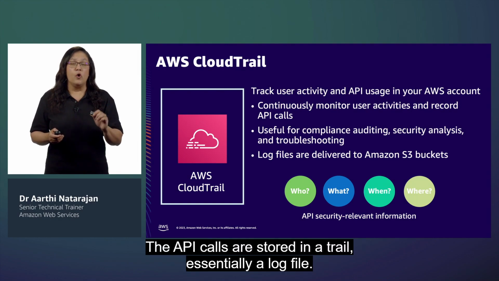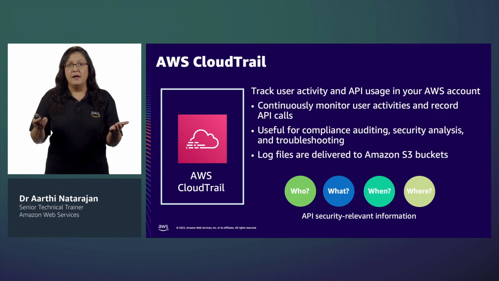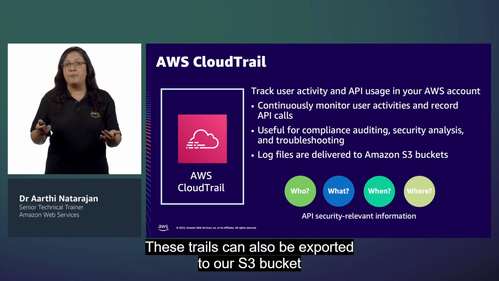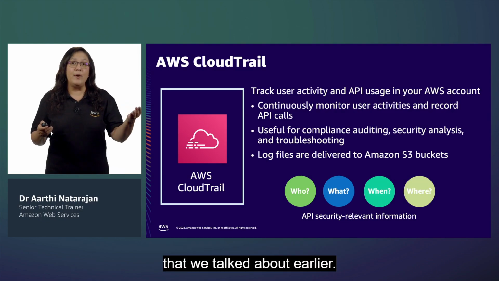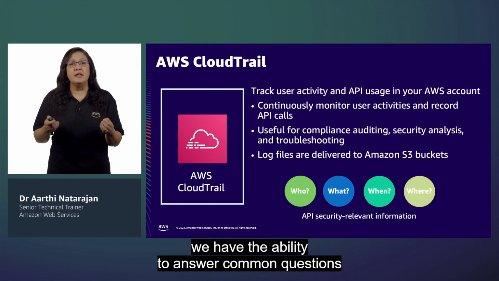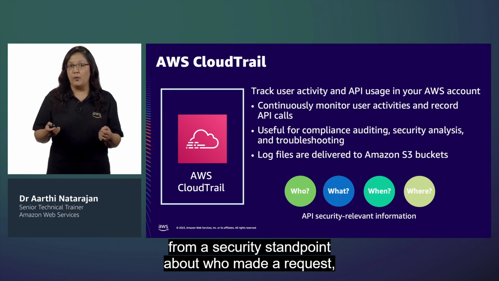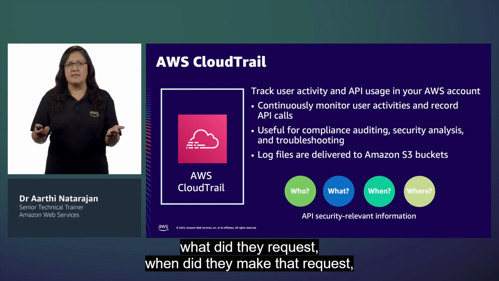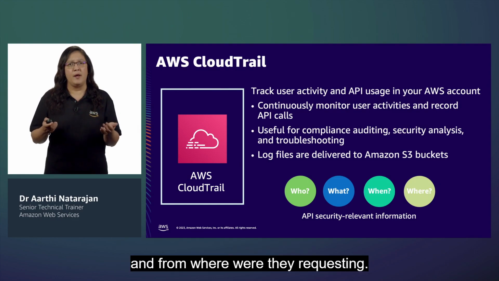The API calls are stored in a trail, essentially a log file. These trails can also be exported to our S3 bucket that we talked about earlier. And so, by keeping all that information, we have the ability to answer common questions from a security standpoint about who made a request, what did they request, when did they make that request, and from where were they requesting.